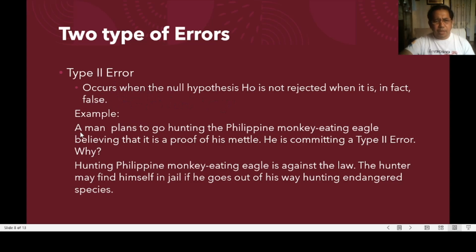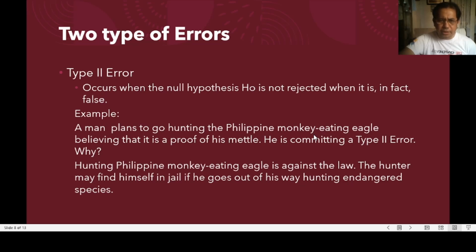For example, a man plans to go hunting the Philippine monkey-eating eagle, believing that it is a proof of his mettle. Now here, he is committing a type 2 error. Why? Because he believes that it is not unlawful to go hunting this kind of species.